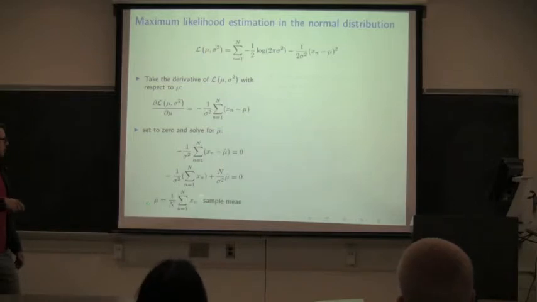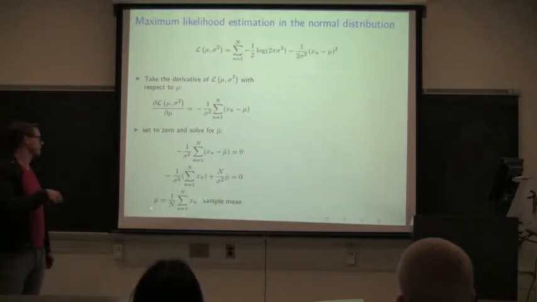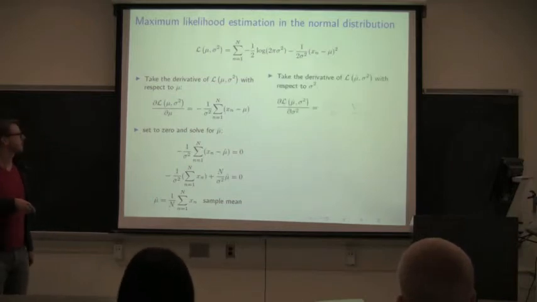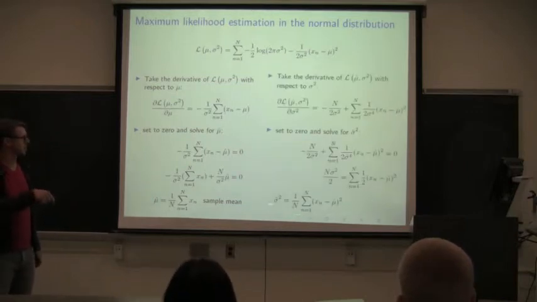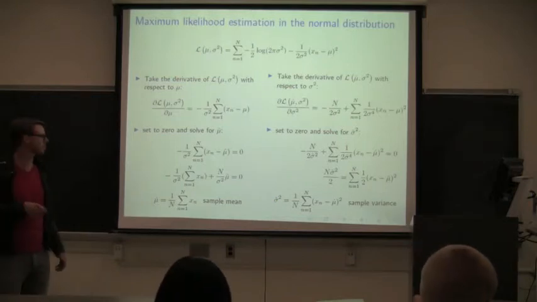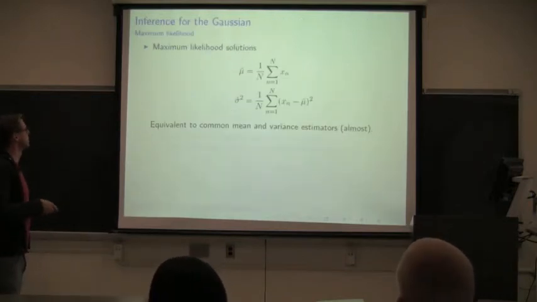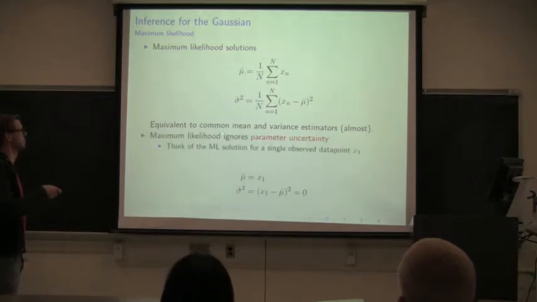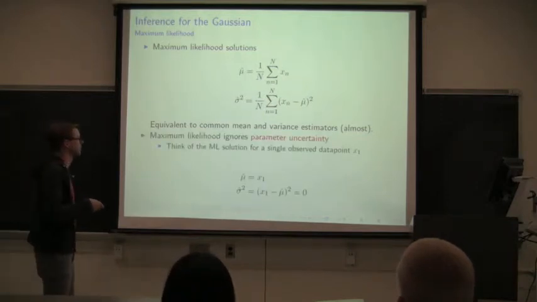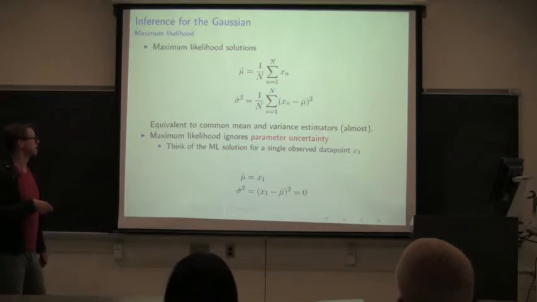And if we maximize this, then we get the sample mean as the maximum likelihood parameter for the mean, and the sample variance as the maximum likelihood parameter for the variance. Well, they're equivalent to the mean and variance that we typically write down for data, so these sample estimates.